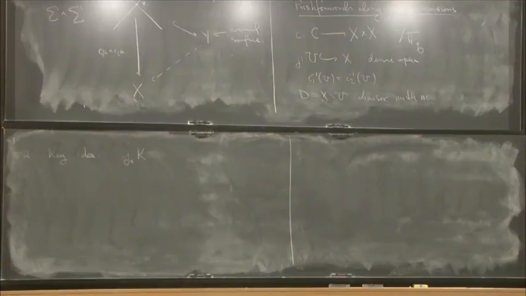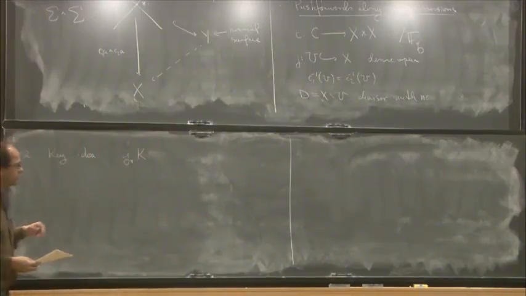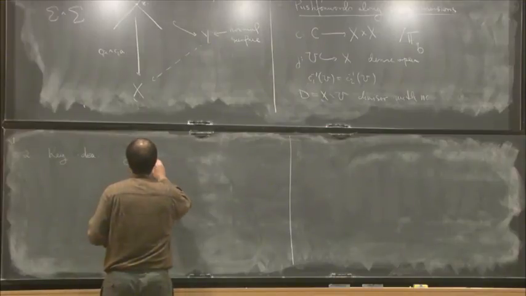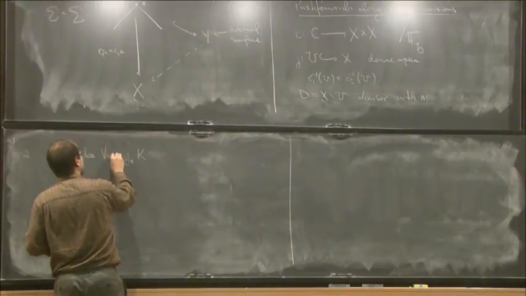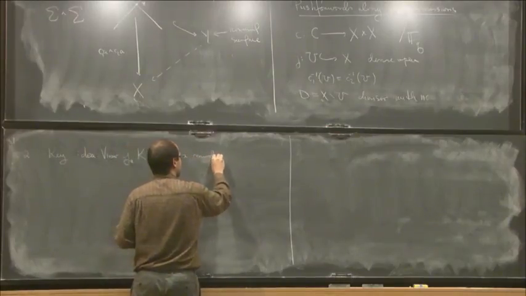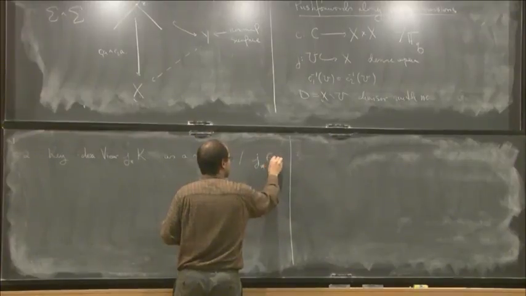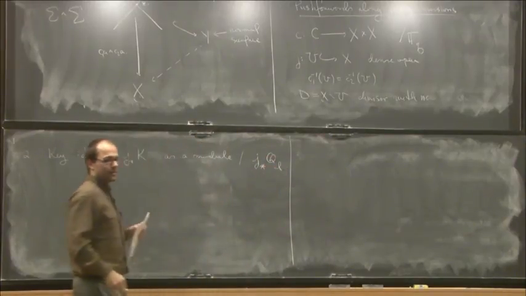you can think of this as a complex, but you can do a little bit better, and this is where the unipotent local monodromy condition comes in, which is to view this as a module over j lower star of QL. And what do I mean by that?